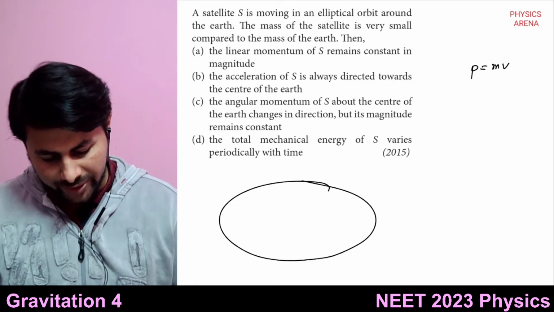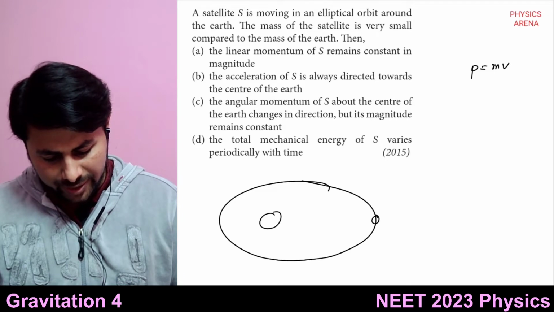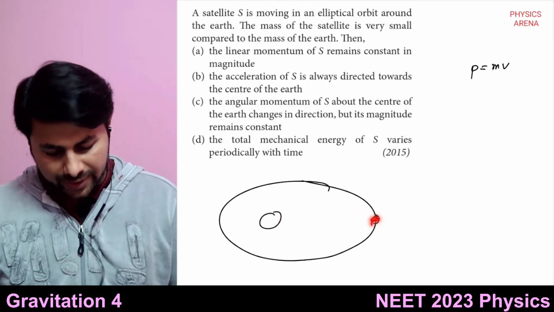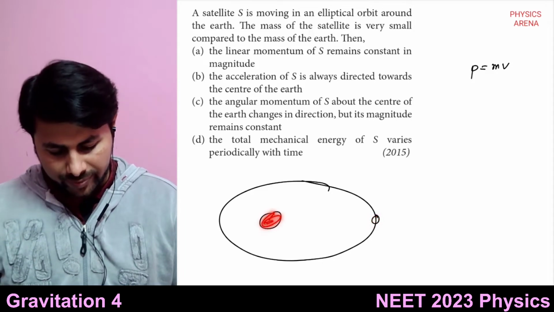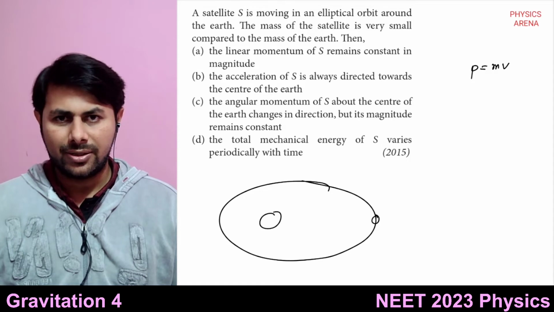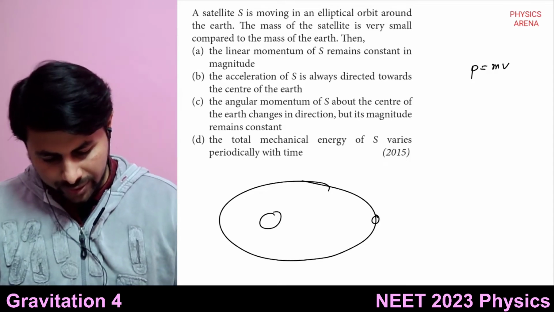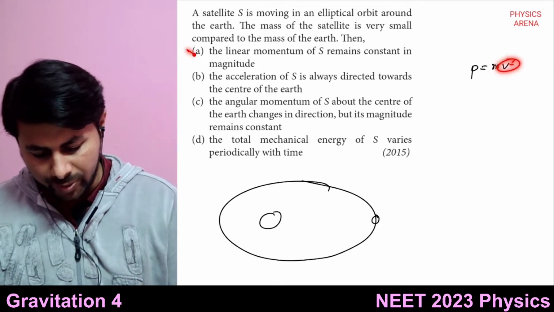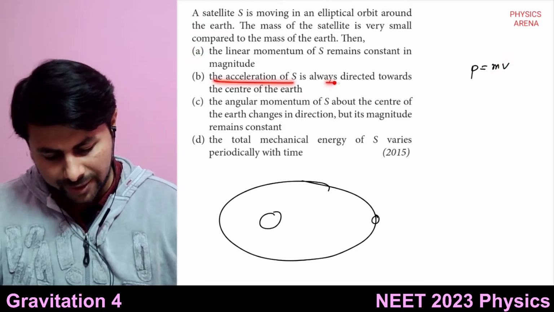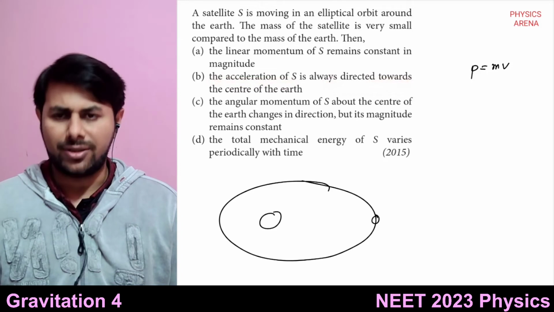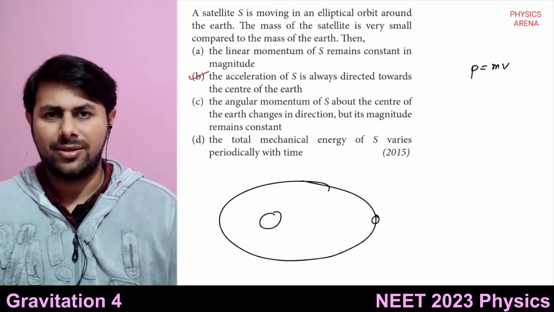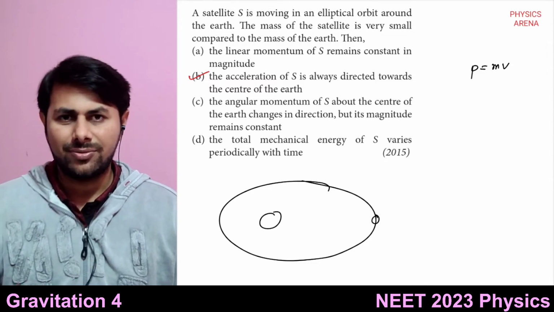If it is revolving in an elliptical orbit, velocity is more when the satellite is closer to the Earth, and velocity will be less when it is away from Earth. So since velocity changes, linear momentum is not constant in magnitude. The acceleration of S is always directed towards the center of Earth. This is true, so this should be the answer. But let's check the remaining two.